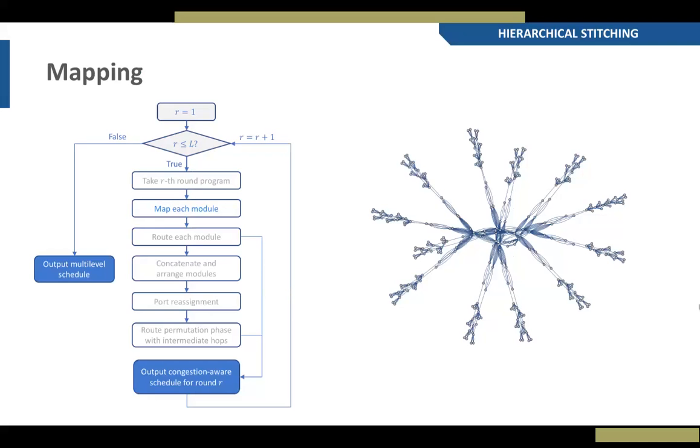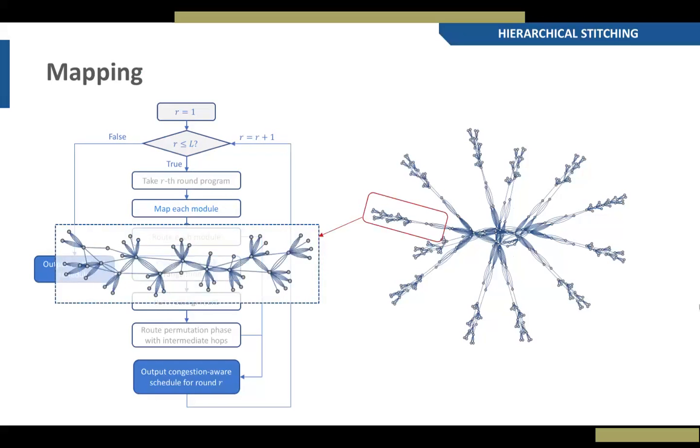What we did first was notice that there are these nice regular substructures in here, which you might guess correspond to the first round modules that are all disjoint, and then they all sort of join up here in the center. So the first approach that we used is a pretty common one for graph embedding problems.